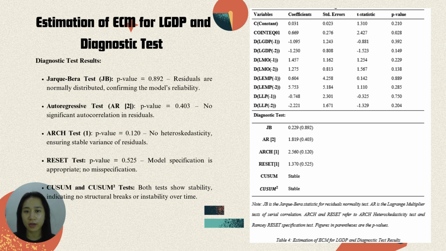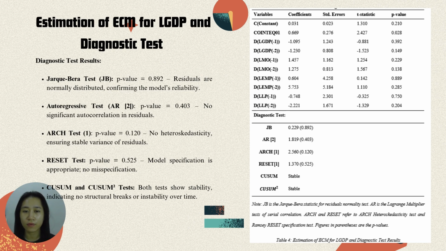The Jarque-Bera test, JB, has a p-value of 0.892, showing no evidence of non-normality in the residuals, which is a positive sign for model reliability. And the autocorrelation test AR2 with a p-value of 0.403 confirmed there is no significant autocorrelation in the residuals. The ARCH test showed a p-value of 0.120, meaning that there is no heteroscedasticity in the residuals and the variance is stable.